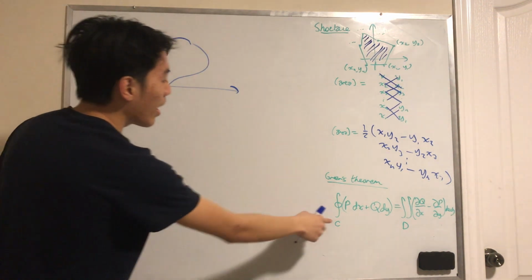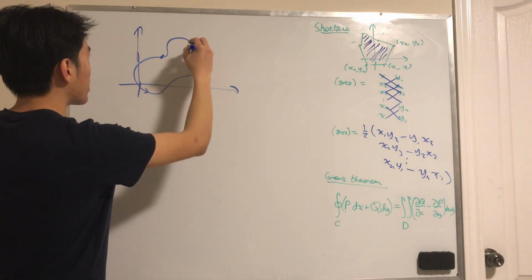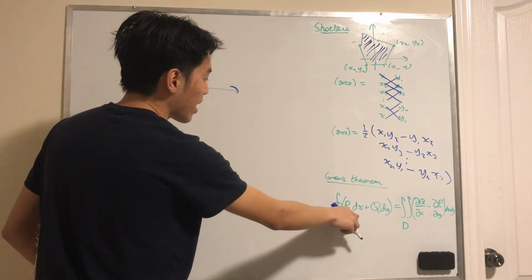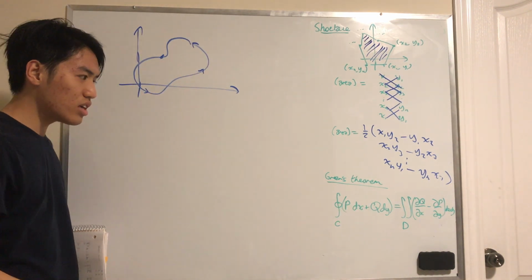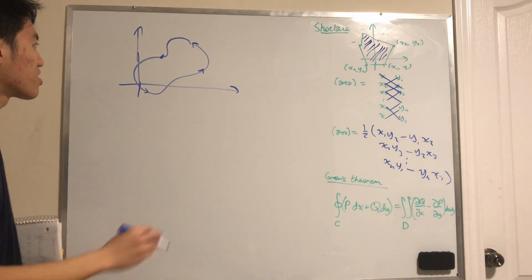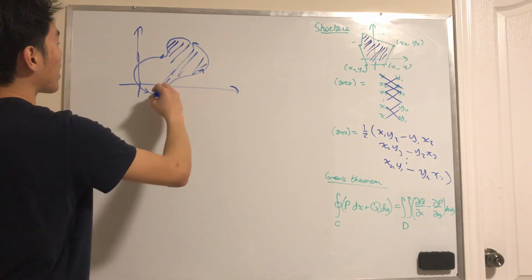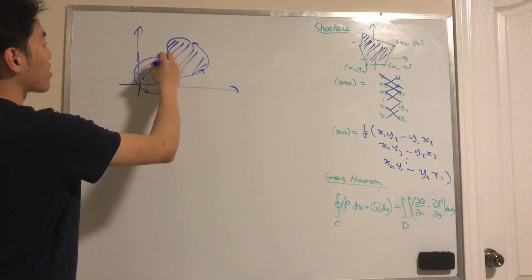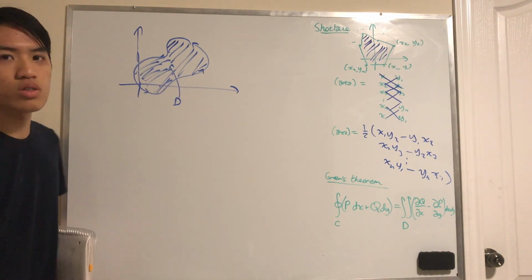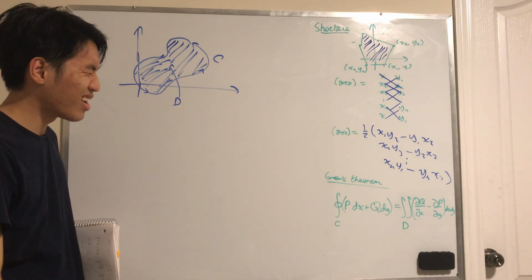It says that the line integral taken counterclockwise along the boundary of this arbitrary region of p dx plus q dy is actually equal to the area integral, region integral perhaps, on the inside of the boundary. Suppose the region is called D, and we'll denote the boundary by C, taken counterclockwise and whatnot.